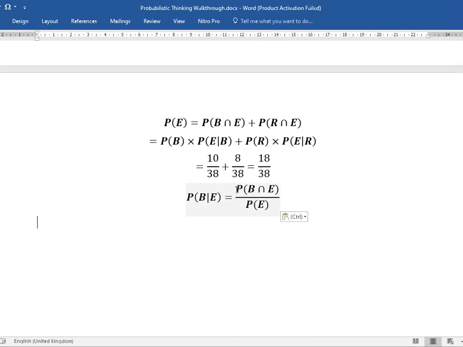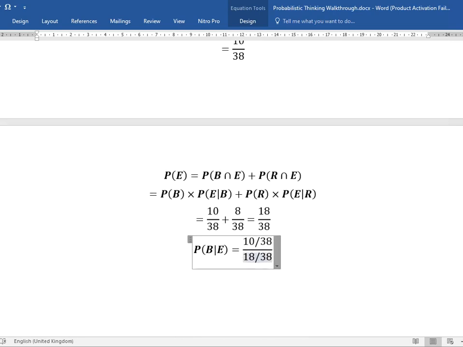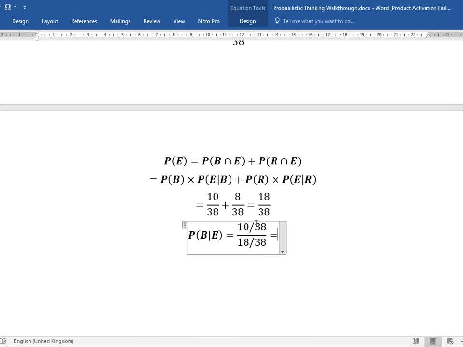So the probability of B given E is now going to be, in the previous case we had 10 over 38, and now we're going to have 18 over 38. Both 38s are in the denominators, but they still cancel out because they are on opposite ends.